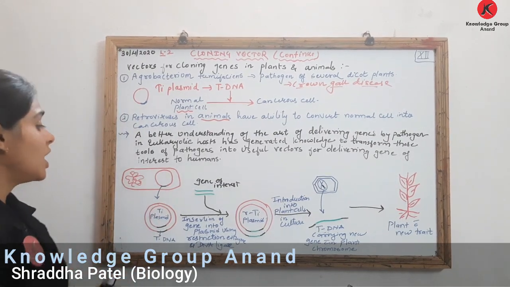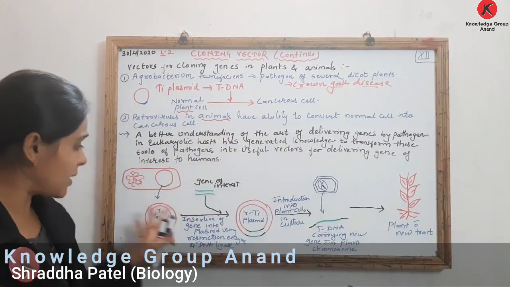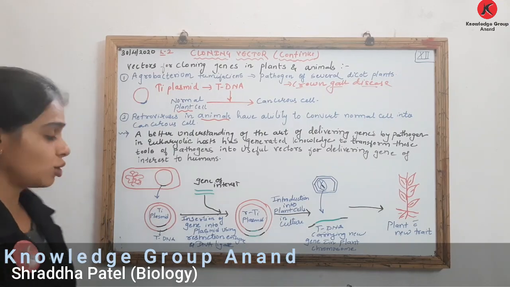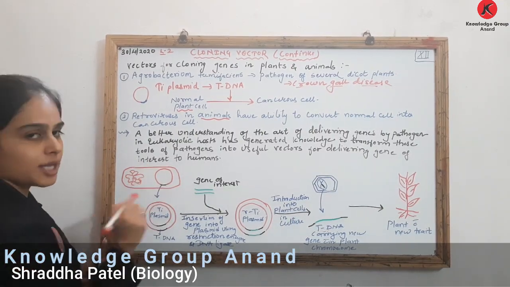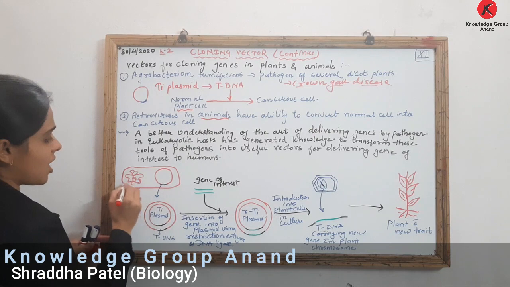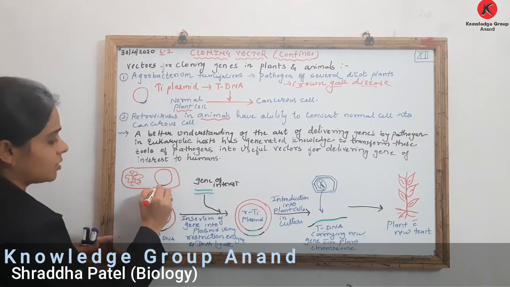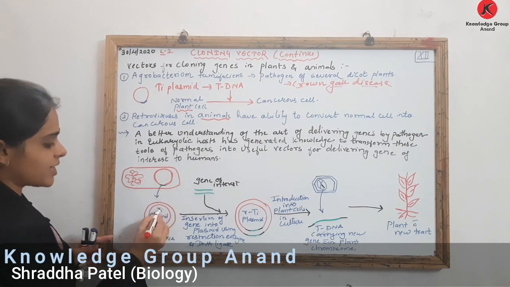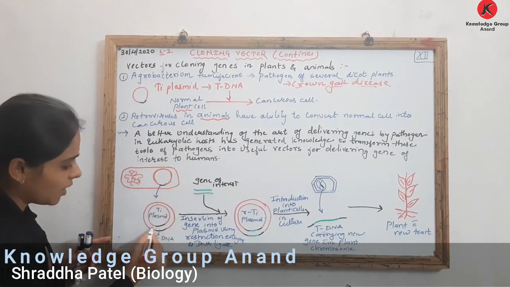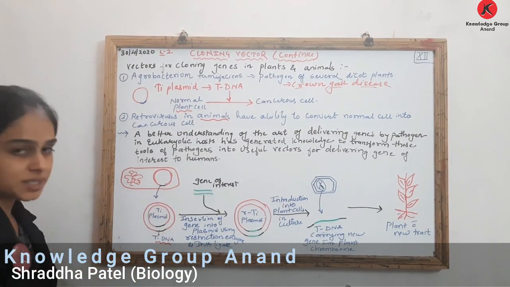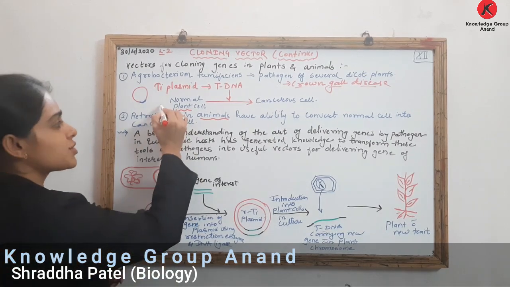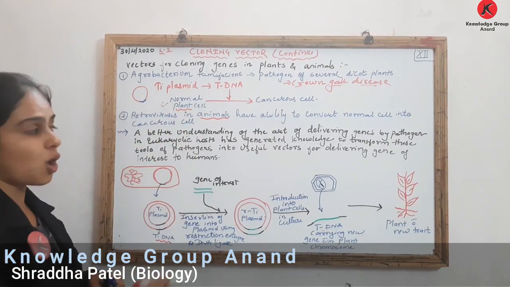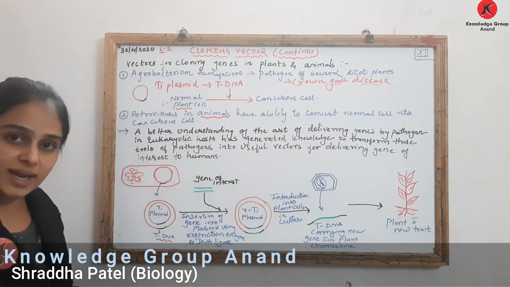Now, if I want to explain in diagrammatic manner, this is Agrobacterium tumefaciens, this is its normal DNA, this is your plasmid, called the Ti plasmid, and the black color portion represents your tDNA. This tDNA is responsible for changing normal cell into tumorous or cancerous cell.